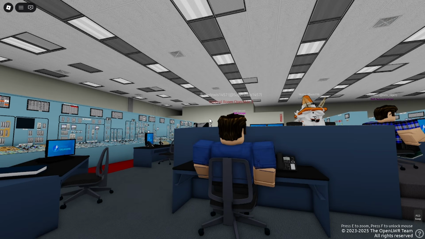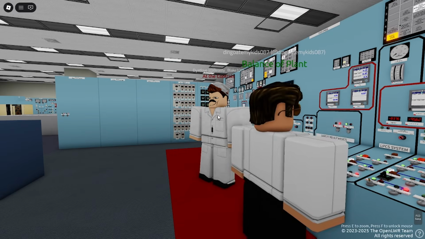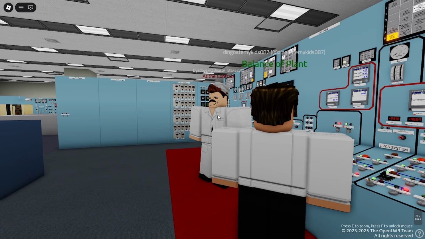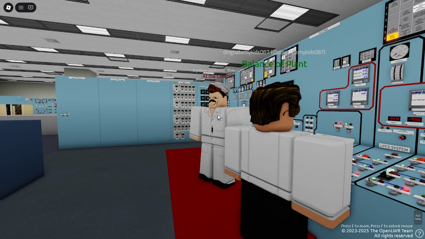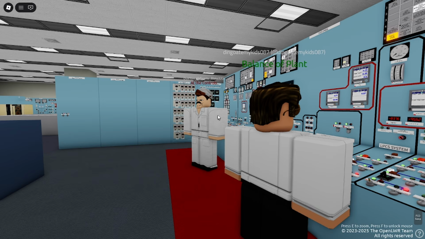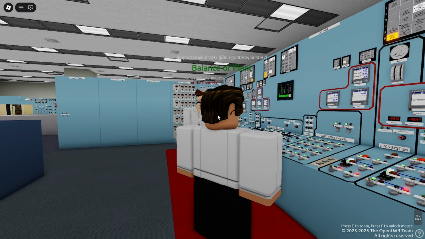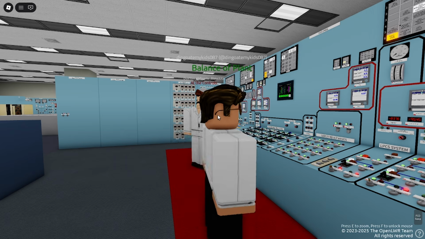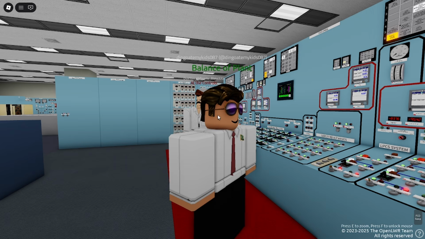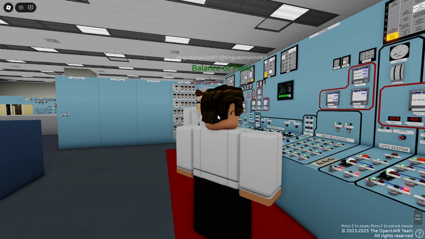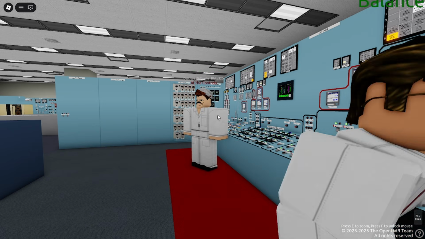Suppression pool level is above -2 inches. Understand suppression pool level is above -2 inches. That's correct. Alright, Yatlov, I would like you to raise the suppression pool level up to 1 inch maximum. Increase suppression pool level to a maximum of 1 inch.